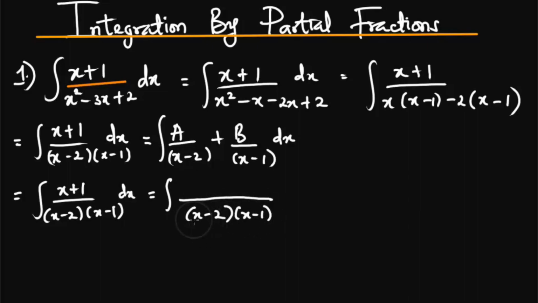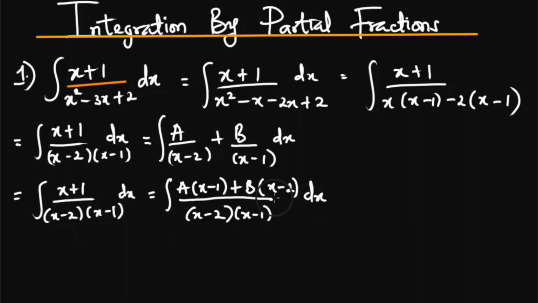Then x minus 2 times x minus 1 divided by x minus 2, we're left with x minus 1, and we multiply that by A, so we have A into x minus 1, plus x minus 2 times x minus 1 divided by x minus 1, we're left with x minus 2, and we multiply that by B, so we have B into x minus 2, dx.